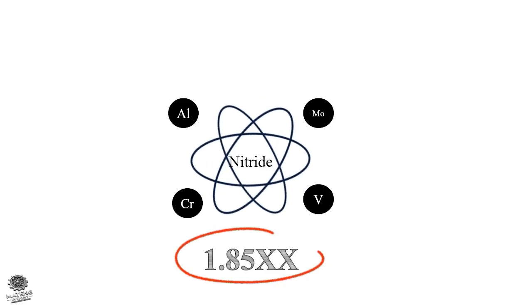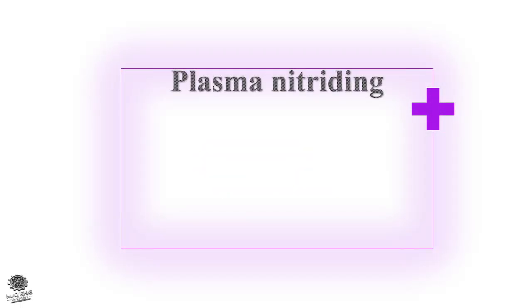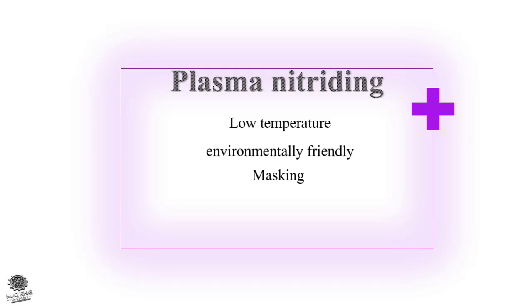The advantage of plasma nitriding is lower temperature compared to gas nitriding, which reduces distortion and improves dimensional accuracy. Environmentally friendly, less pollution and fewer hazards. Simplified masking.